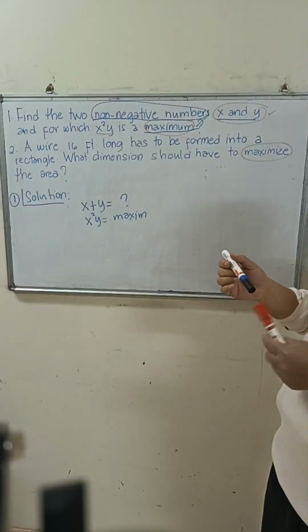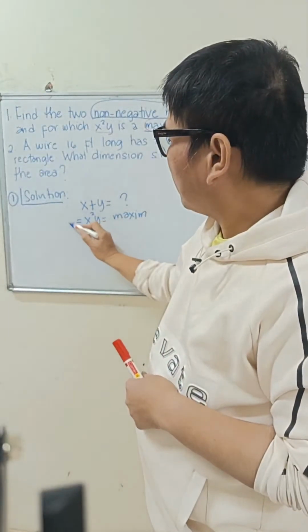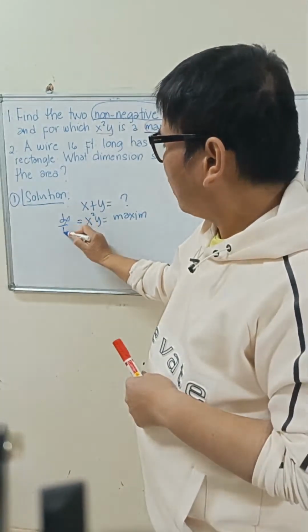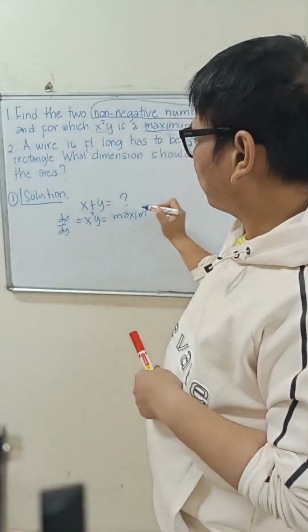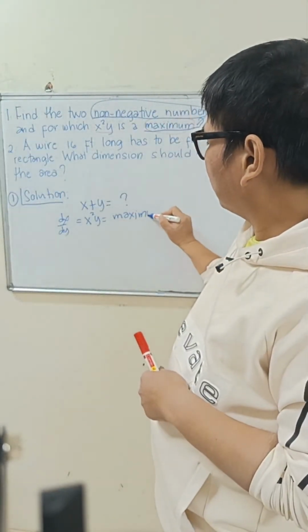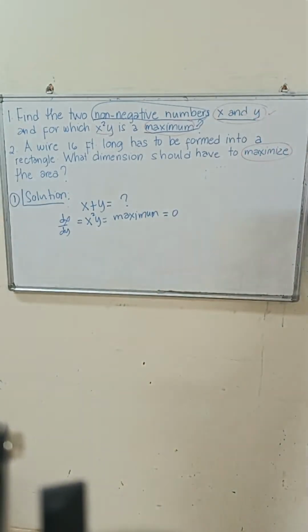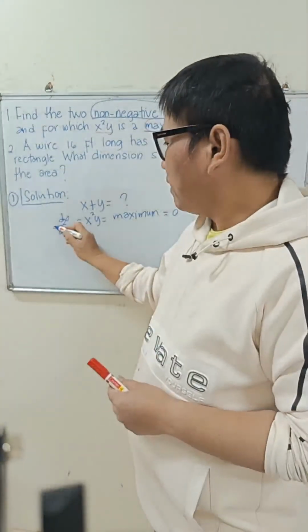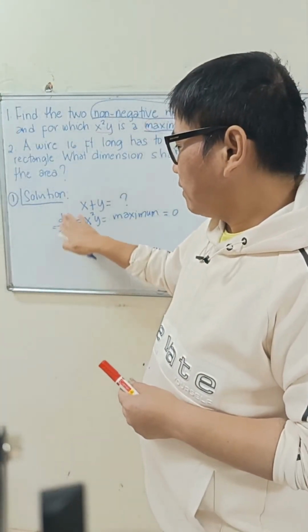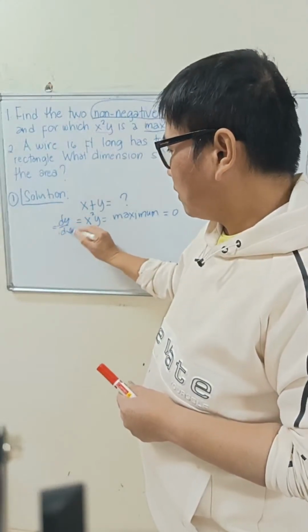Applications. So you're going to say dy/dx is equal to 0, because this is the rule. You need to equate the first derivative to 0. This is just like saying first derivative. Or you can say dx/dy.